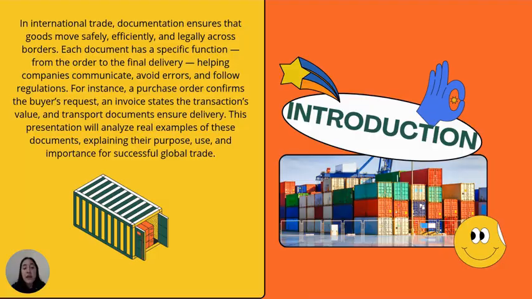For instance, a purchase order confirms the buyer's request, an invoice states the transaction's value, and transport documents ensure delivery. The presentation will analyze real examples of these documents, explaining their purpose, use, and importance for successful global trade.